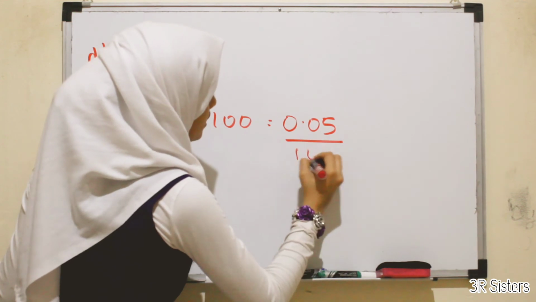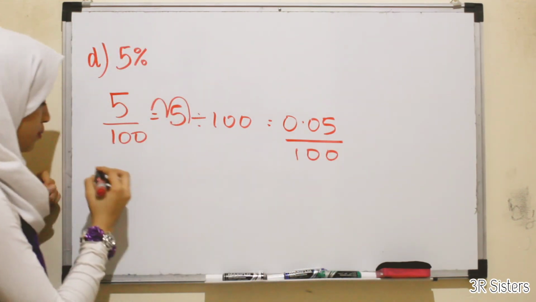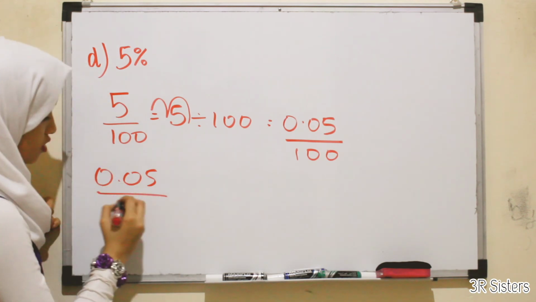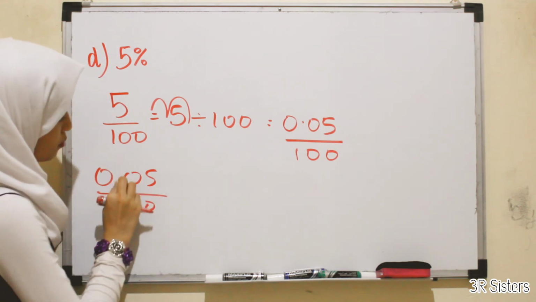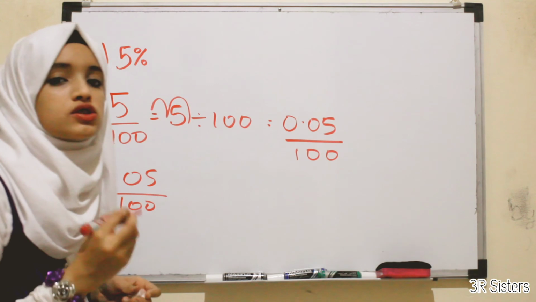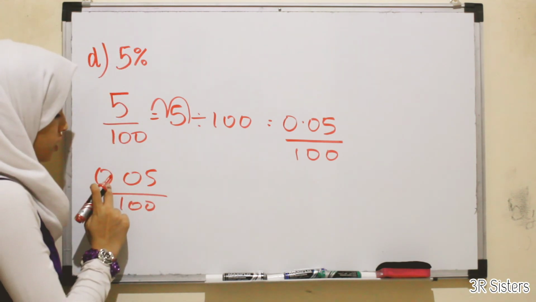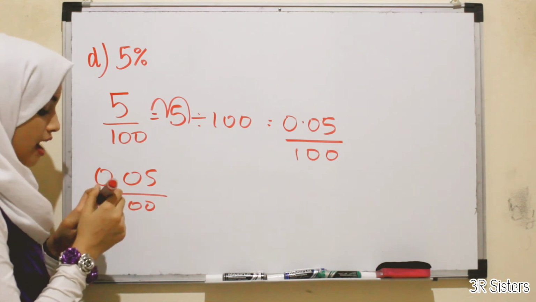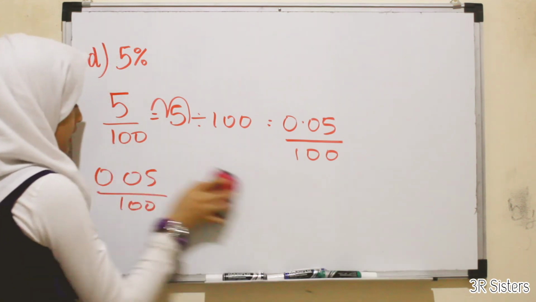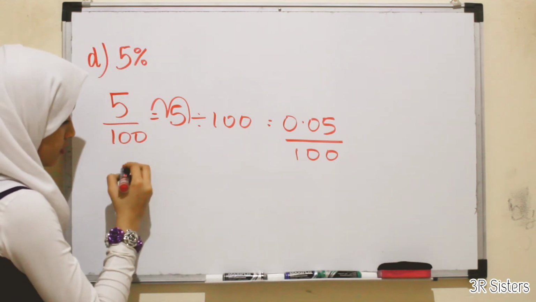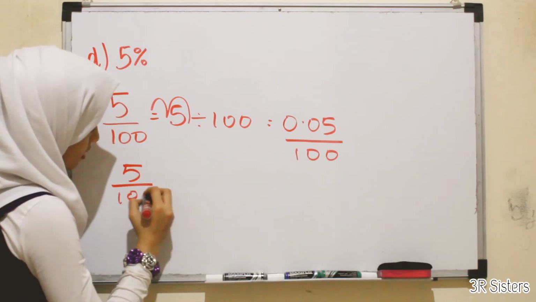0.05. Now if you remove the point from this 0.05, it becomes 005. So these both zeros don't have value. So we rub the zeros out and we write 5 by 100 again.